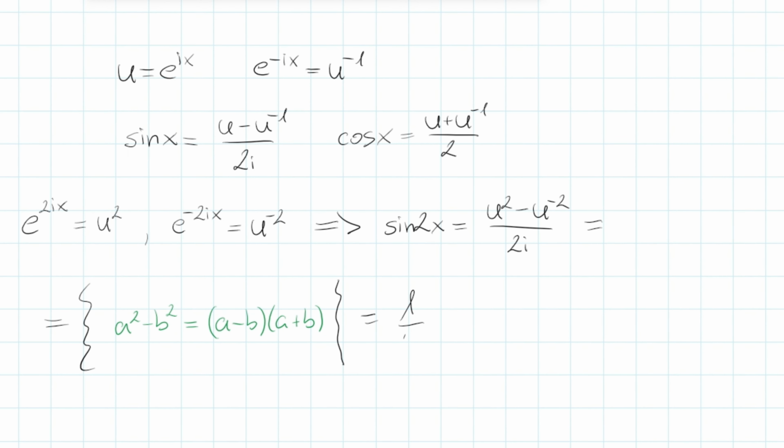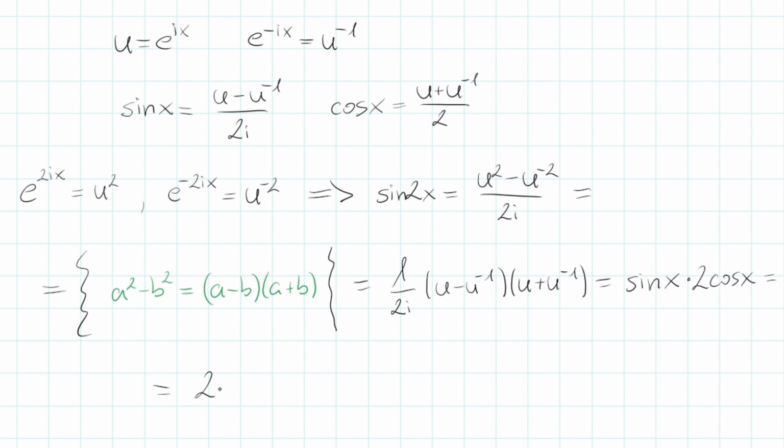We apply this here to get 1 over 2i times u minus u to minus 1 times u plus u to minus 1. The first part is just sine of x. The second one is 2 times cosine of x. We find the familiar sine of 2x is equal to 2 sine of x cosine of x.